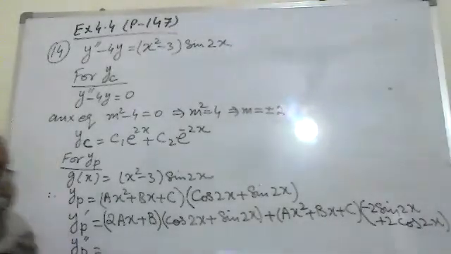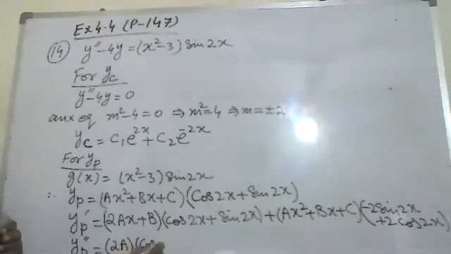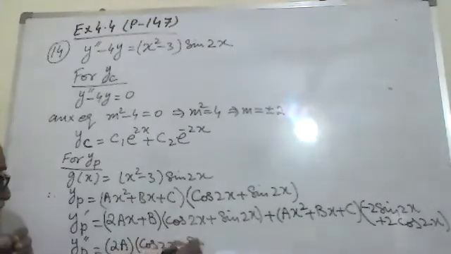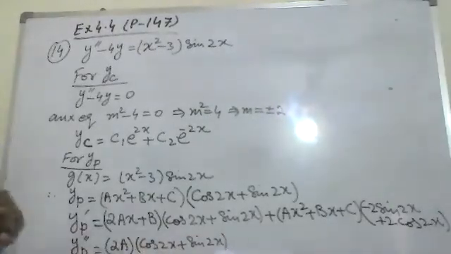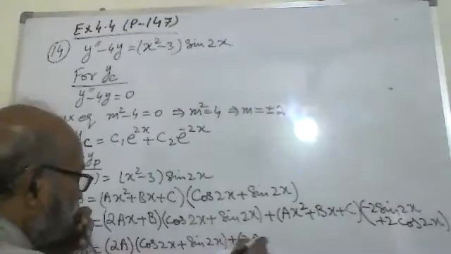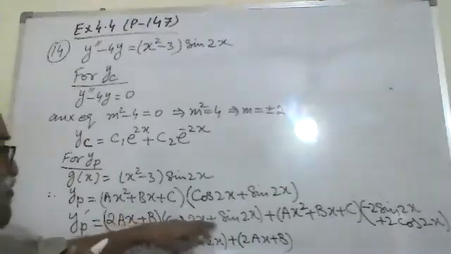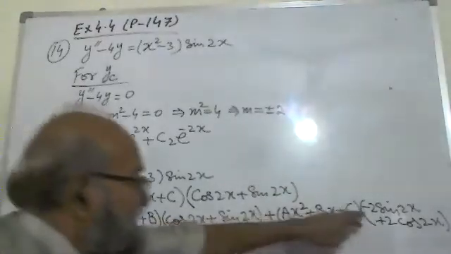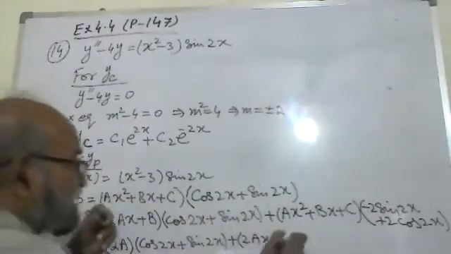So the derivative of 2ax plus b will be 2a into the second function, cos 2x plus sine 2x, plus the first function as it is, 2ax plus b, into the derivative of cos 2x plus sine 2x.